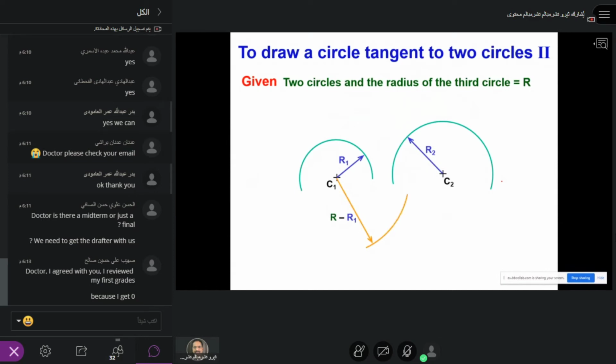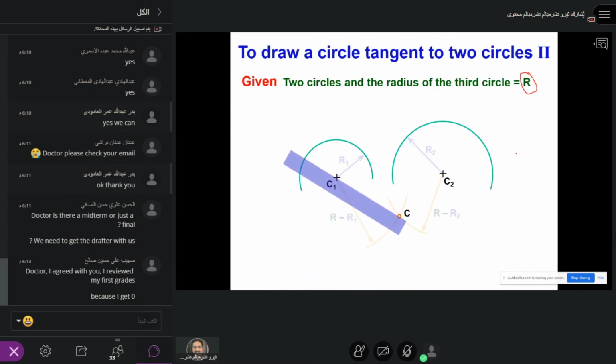In the previous case we used R1 plus R, this time R1 minus R. Draw the arc, and from R2 minus R, the procedure is the same, giving C here.